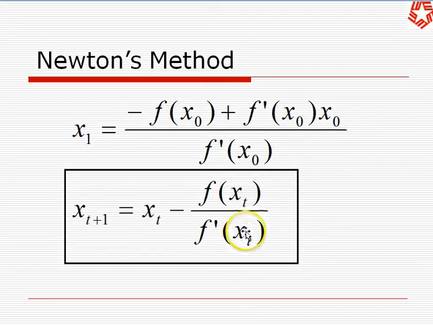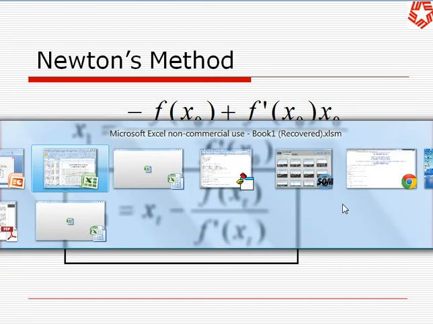So for a function that we want to maximize, we would use f prime, the first derivative, in the numerator, and in the denominator we would use f double prime, the second derivative. And that's how I have implemented the method in the code in Visual Basic.